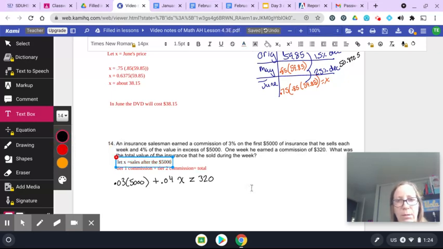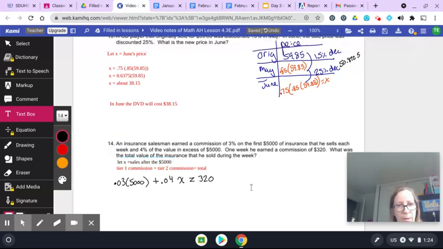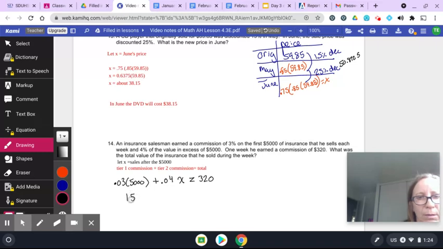All right, so here, from that first $5,000 that he's going to sell because he's a good little soldier, he's going to make $150. Then we get into the bonus tier where we're making a bigger percent, $320. I'm going to figure out how much he sold in that bonus tier.